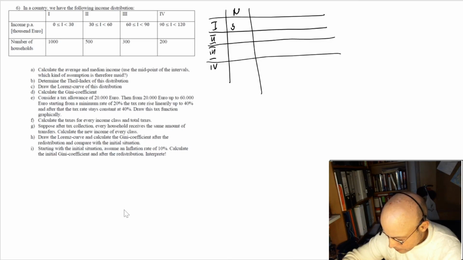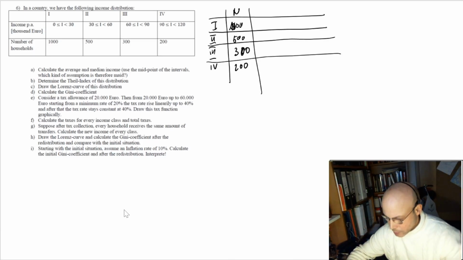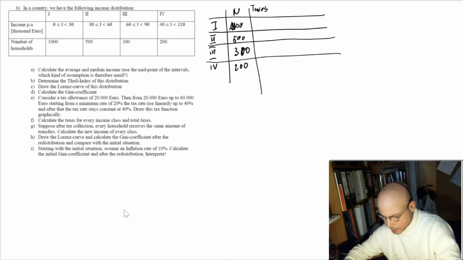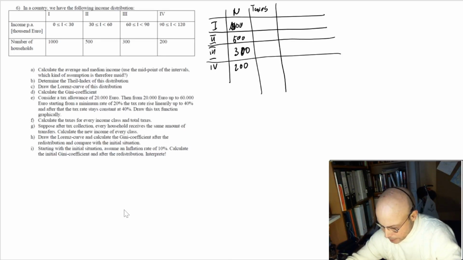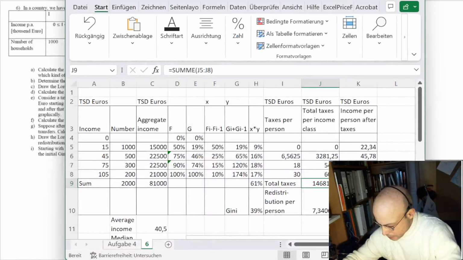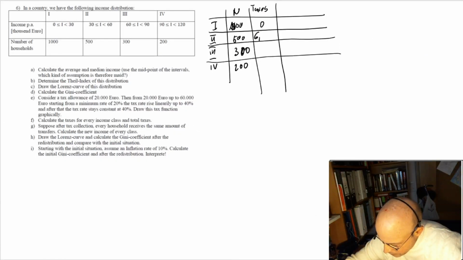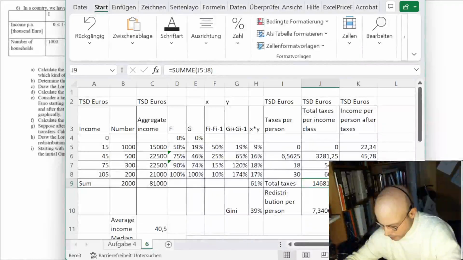And this was 1,000, 500, 300, and 200. And taxes were 0, 6.5625, 6.5625, 18 and 13.